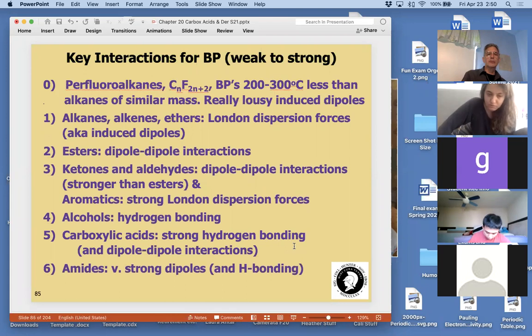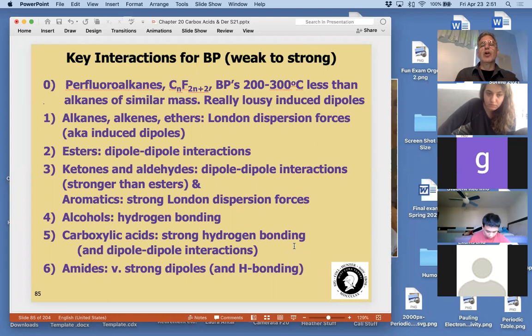And then if you're wondering what 0 is, 0 are perfluoroalkanes. It's an area worth knowing a little bit about because they're in the news. Perfluorooctanoic acid is in the news. It's been used industrially, and it's one of these eternal pollutants that we should never have let out in the environment.